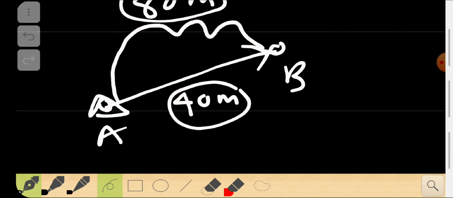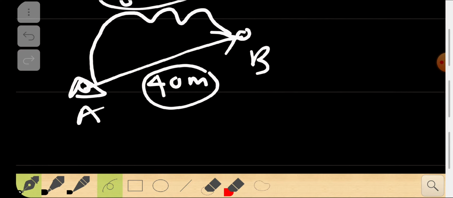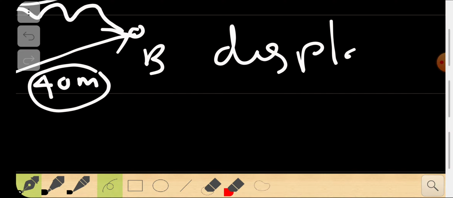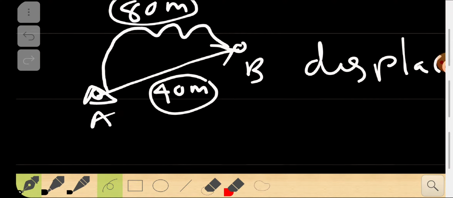The first path had a specific direction and it was going in a straight line. That path is called the shortest path, and you can call it displacement. And the longest path, which was a curved path, had no single direction, but was constantly changing its direction.